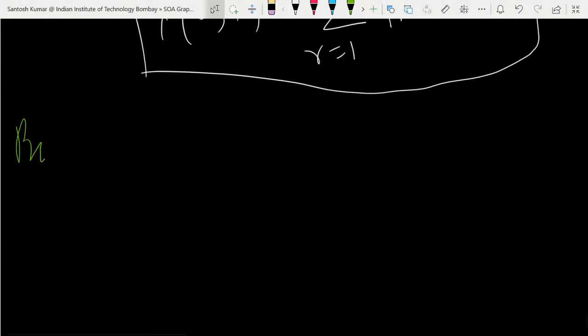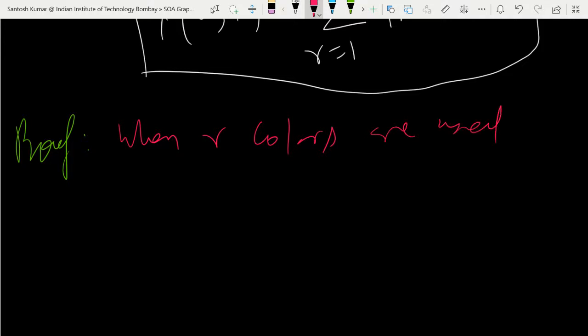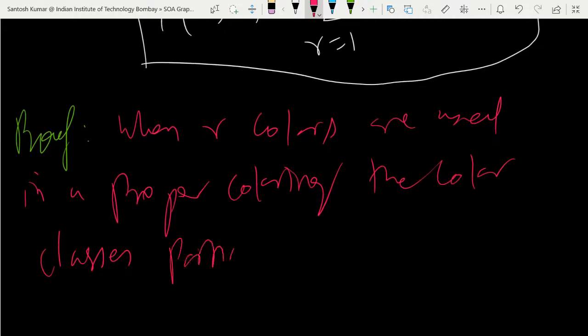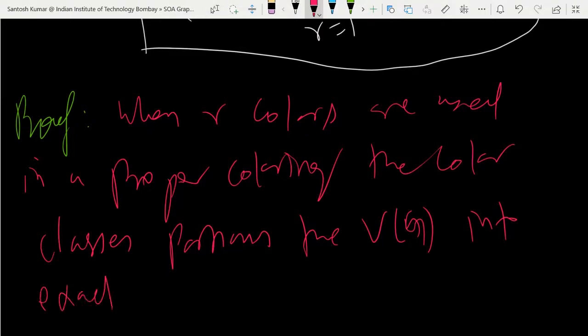So for the proof, when R colors are used in a proper coloring, the color classes partition the vertex set into exactly R independent sets.